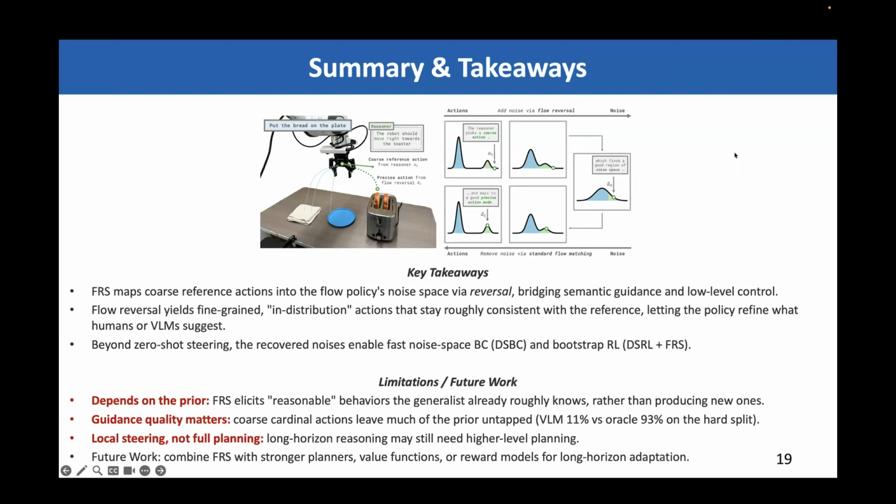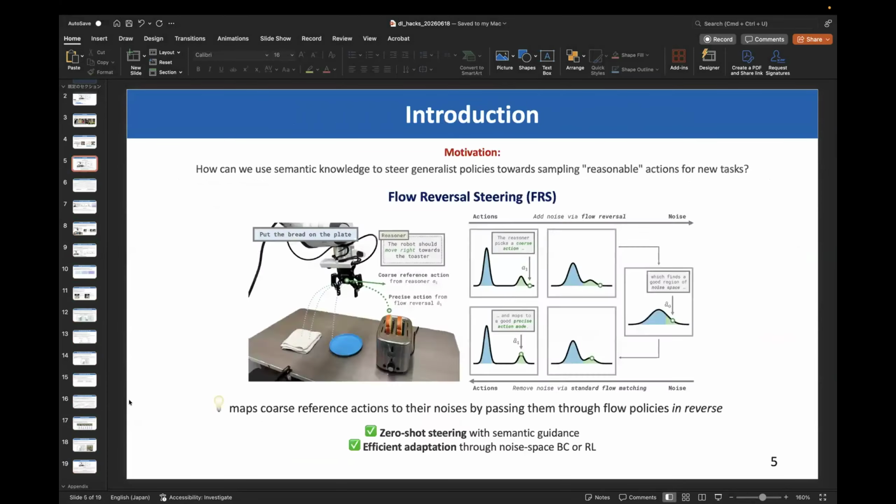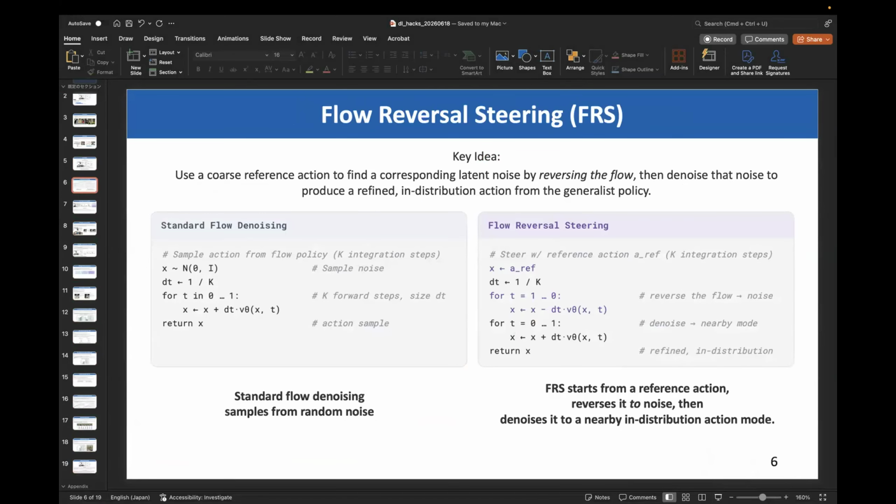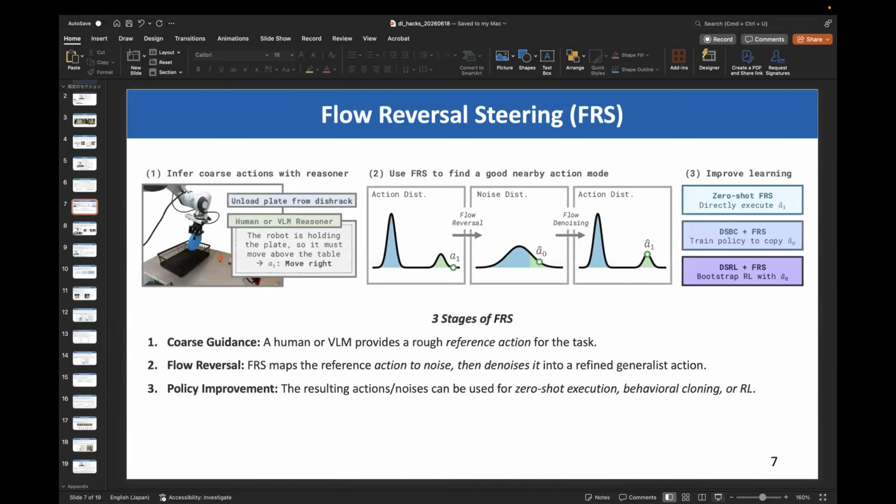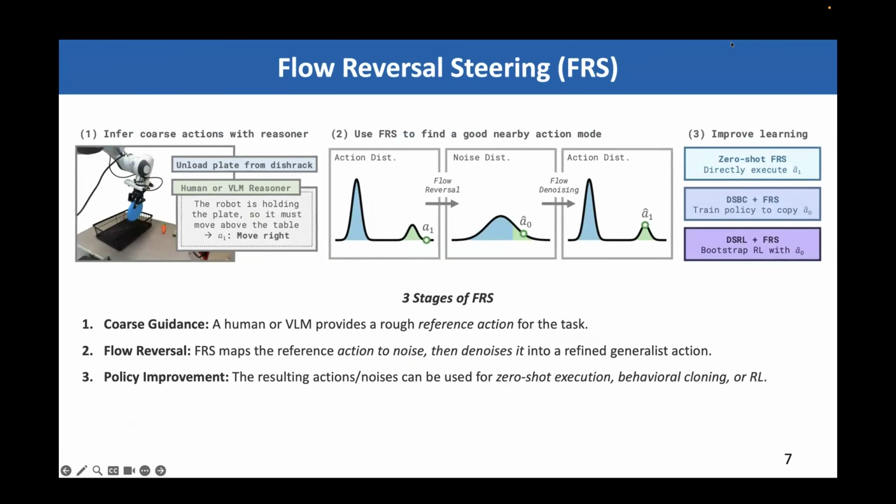I have a question about the fundamentals of this proposal, like the flow reversal steering part. Yeah, I think that figure would be good. In my understanding, first you get the rough action from either human or VLM, right?